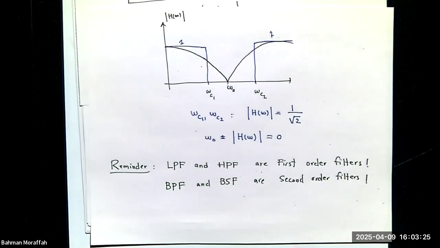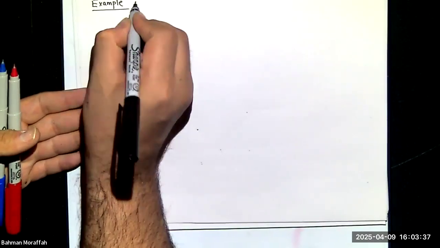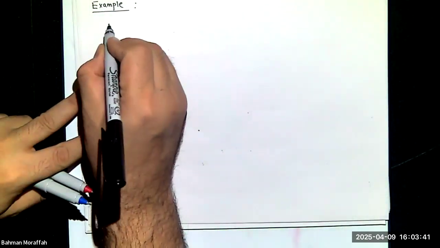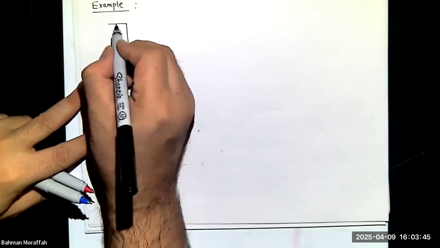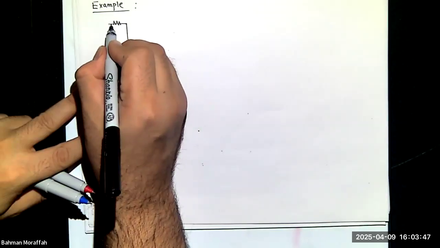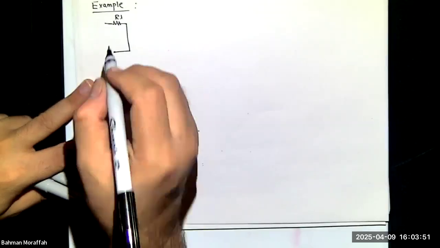Right? So let's quickly do an example. Let's just say I am given this circuit. This is R1. Let me redraw it.